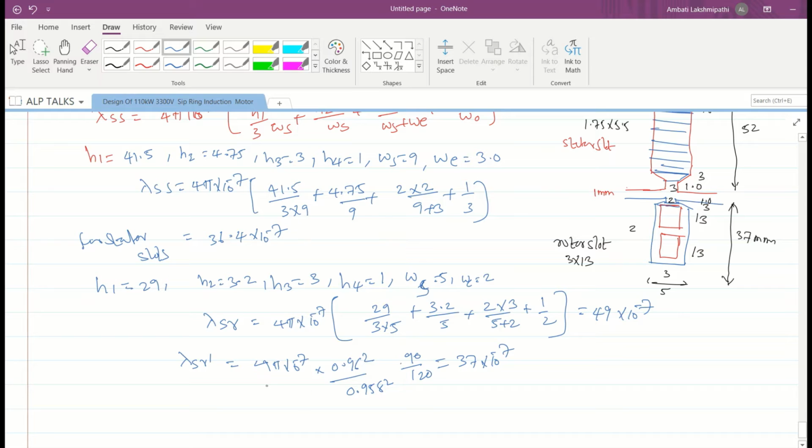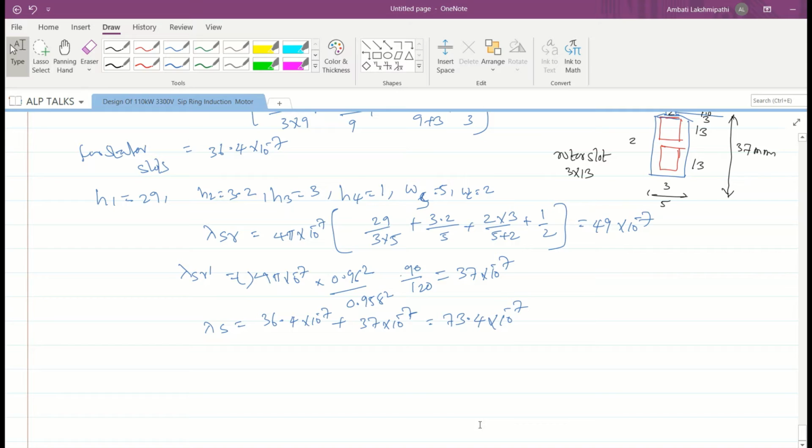We just converted it to the other side. Finally, referred to the stator side, the permeance value is 36.4 into 10 power minus 7, the stator alone value, plus the calculated value from the rotor side, 37 into 10 power minus 7. Together they contribute 73.4 into 10 power minus 7.